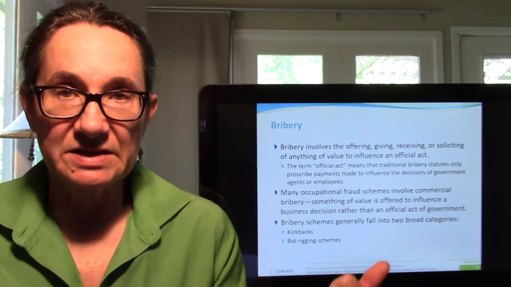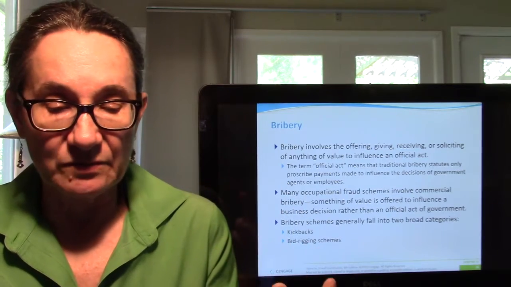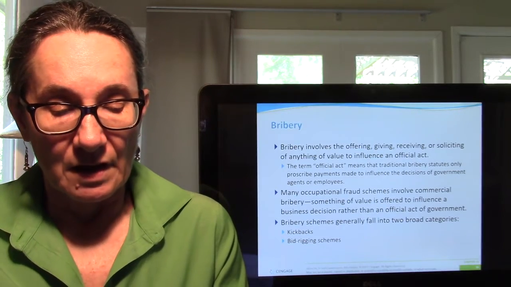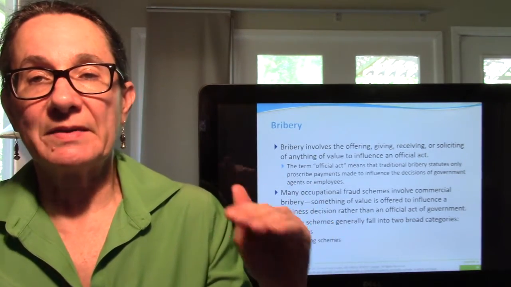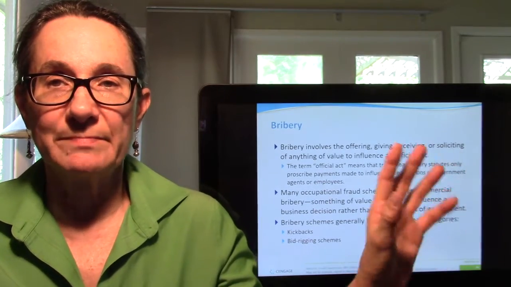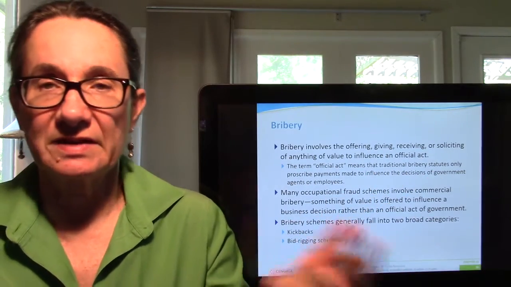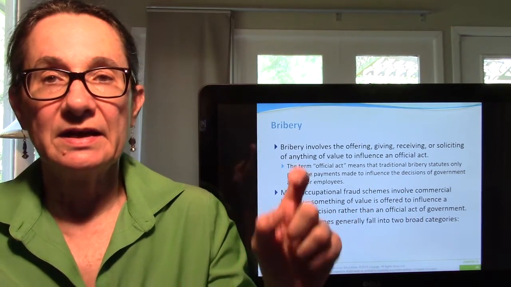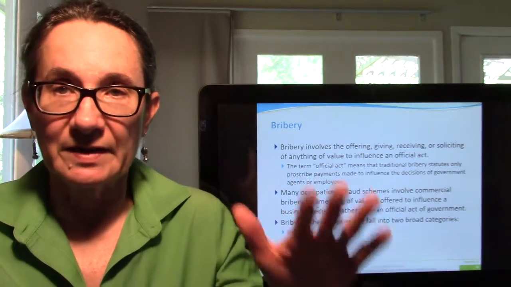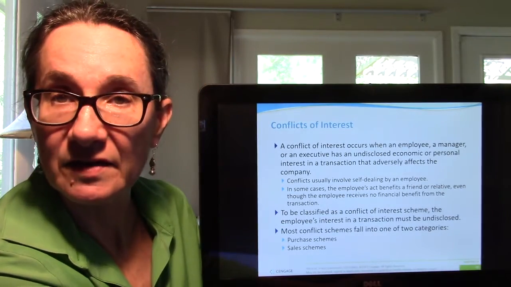Typically at organizations, there are two broad categories, kickbacks and bid rigging. A kickback is, I'm going to sell you this at this price, you pick me to make your purchase from, and I'll kick you back 10% of the sale. Or bid rigging: help make sure I get the deal and I will give you money, right? Rig the bid. We had that UTSA case on bid rigging.